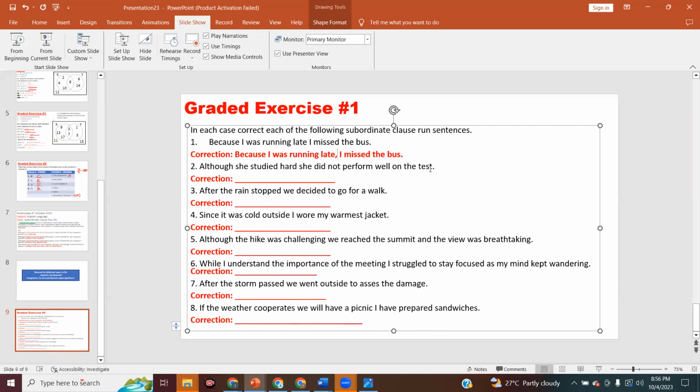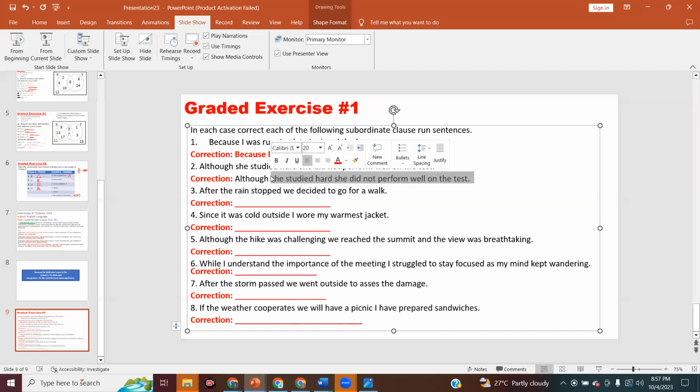How many persons got that? Because I was running late, I missed the bus. All right. Anyone put anything different than this and want me to check it, see if it's right? I put restructuring. Okay, what did you put? I put while running late, I missed the bus. And then I was running late because I missed the bus. I was running late, comma, because I missed the bus is correct. While running late, I missed the bus.